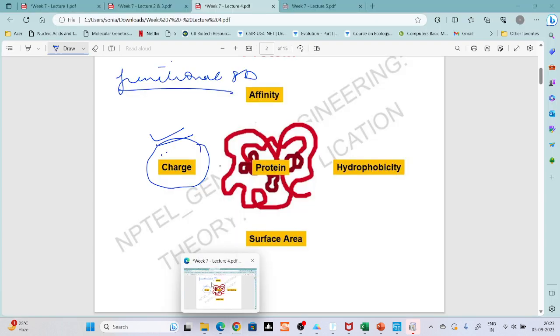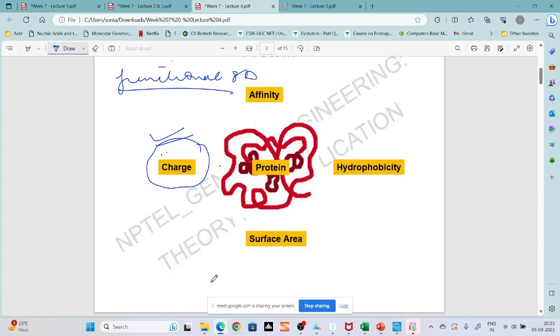Fine. So proteins can have hydrophobic amino acids also, and proteins have hydrophilic amino acids. Now, when a protein is in water or in a polar solvent, the protein folds in such a way that the hydrophobic amino acids are in the interior, and on the exterior whatever amino acids are there, they are hydrophilic.